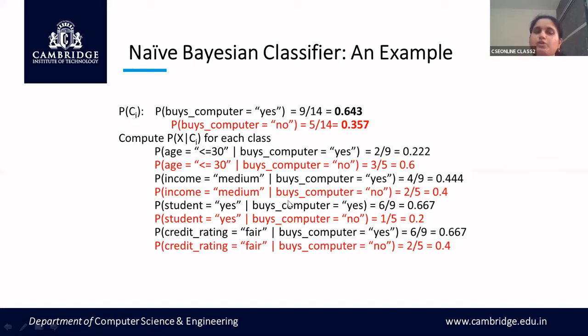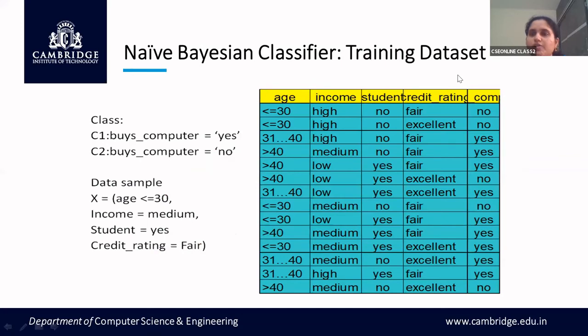Next we will find out the maximum likelihood. Whenever you are finding maximum likelihood, we are taking two attributes together. So if age is less than or equal to 30 and buys computer is yes, you will go back and check age less than or equal to 30 and with respect to what? With respect to buys computer. Why buys computer? Because that is your class label.